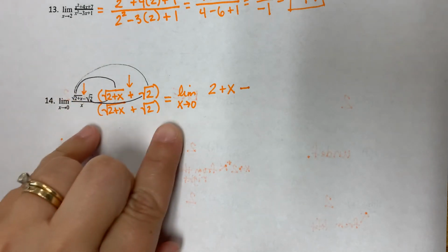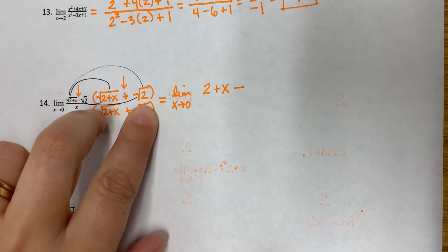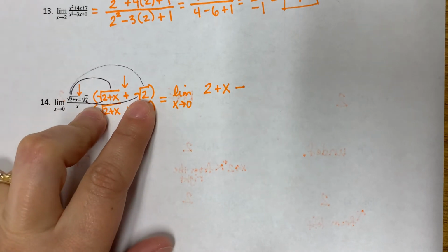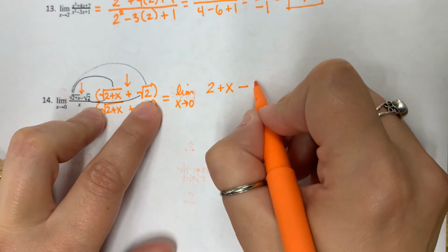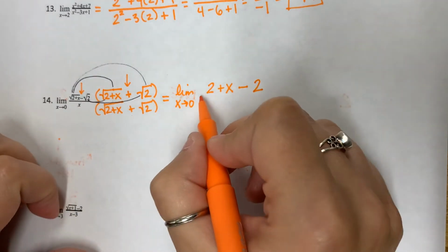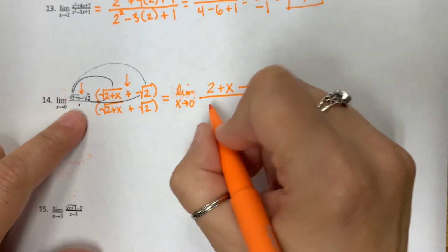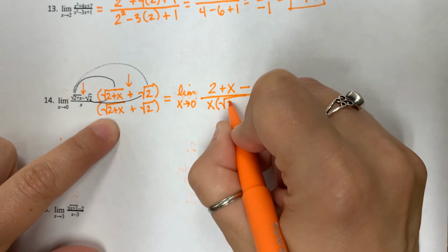And then in this case, I have a square root of 2 times a square root of 2. Square root of 2 times the square root of 2 is like saying the square root of 2 squared, which is just 2. And then that's all over this stuff. So the x that was there to begin with times all of that stuff I multiplied it by.